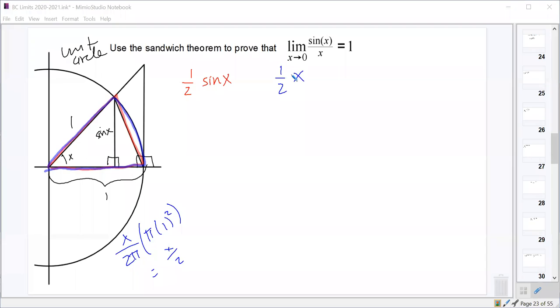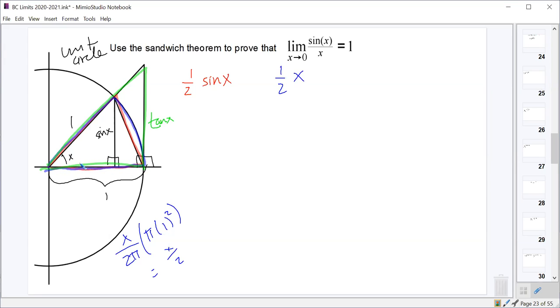And what about the area of the big triangle outside? What's the height here? It ought to be tangent of x, because the tangent of this angle ought to be opposite over adjacent.